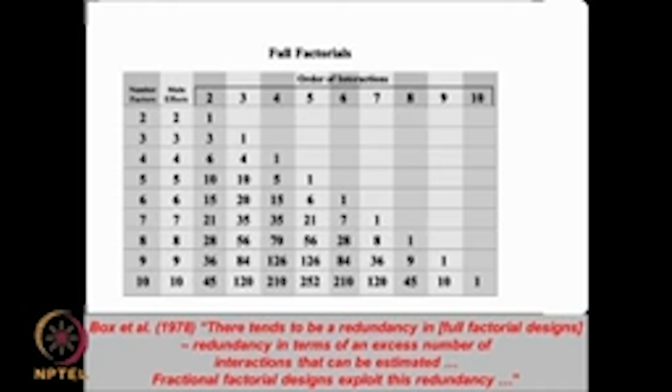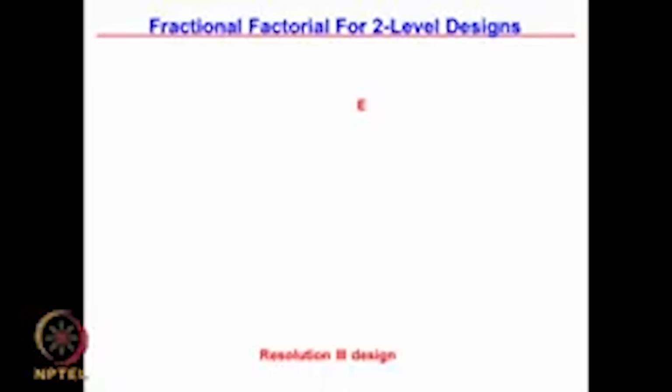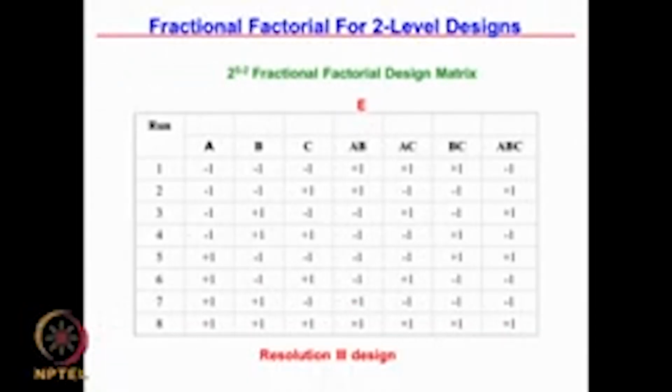These fractional factorial designs reduce the number of experiments dramatically, and we can also get interactions, but there are some disadvantages also in fractional factorial, because unless you choose the number of experiments and where to put in your new factor, you may end up having something called confounding. That means sometimes 2-way interactions may be confounded, and sometimes main effects may be confounded with the 3-way interactions and so on.